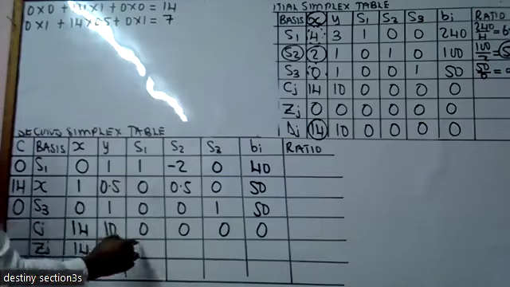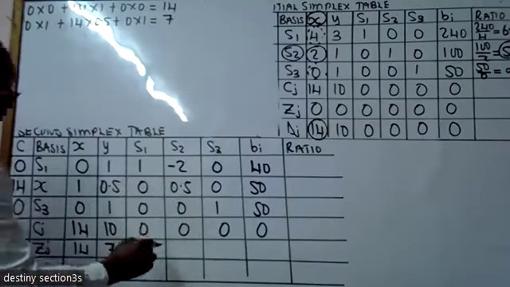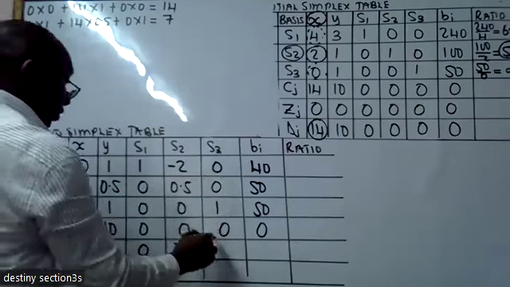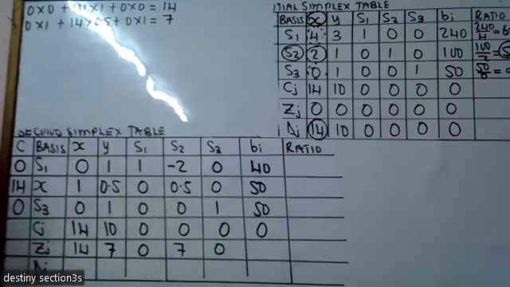14 multiplied by 0, that is 0. 14 multiplied by 0.5, that is 7. 14 by 0 is 0. Tell me 14 multiplied by 50 is what? $700.